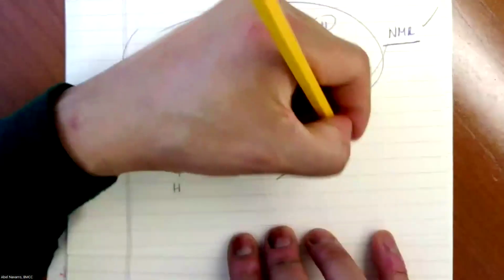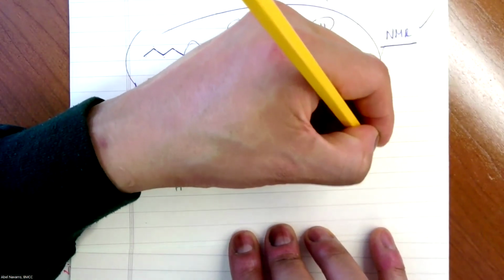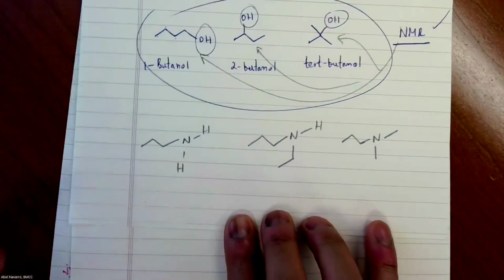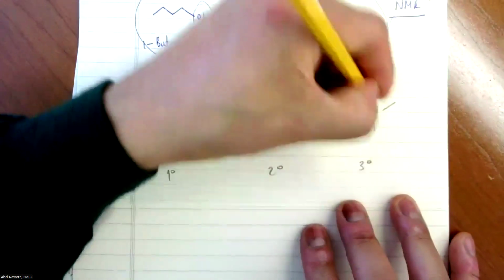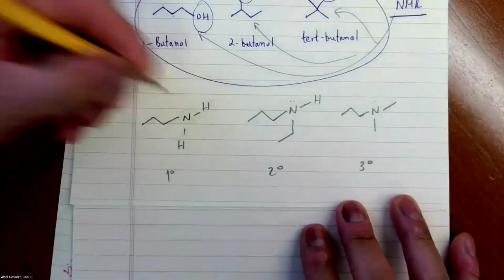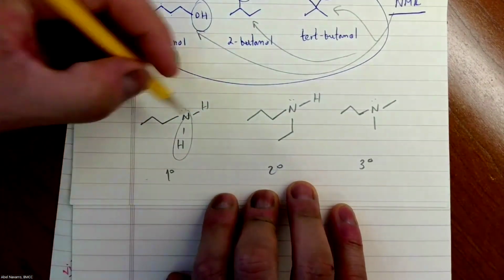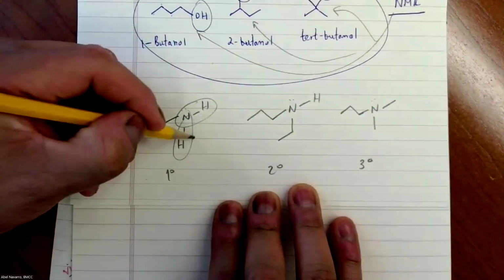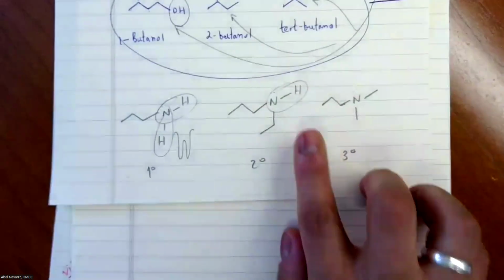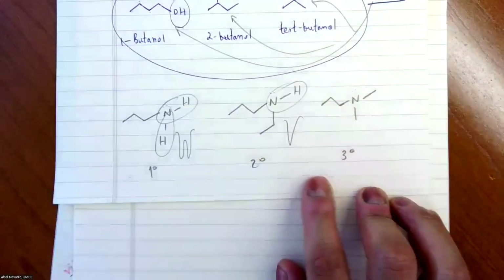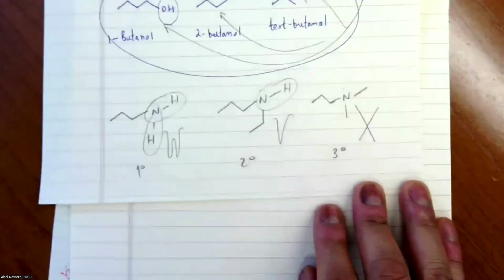Primary amine, secondary amine, tertiary amine. Don't worry about the lone pairs right now. But in the IR, you will see that bond and this bond, that's why you will see two peaks like that. Secondary amine, you only have one NH, so you will see only one peak. Tertiary amines have no NHs, so you see nothing.